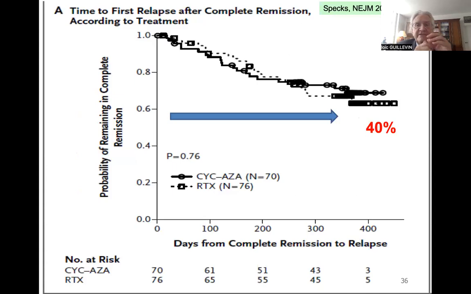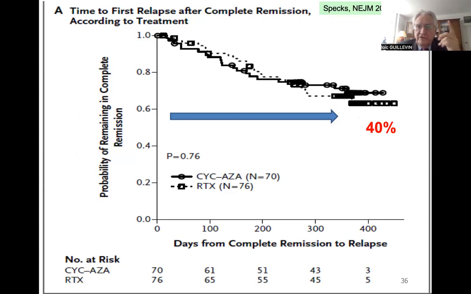If you look at the same study at 18 months, what you observe is very interesting, because the survival rate is exactly the same between groups.